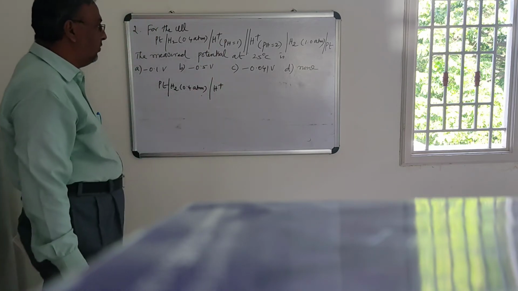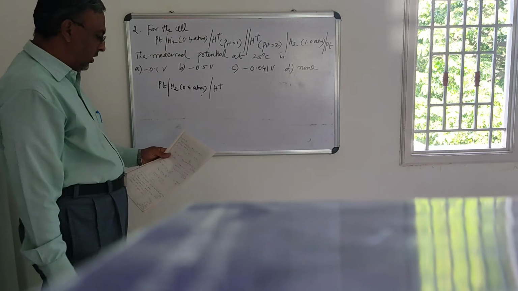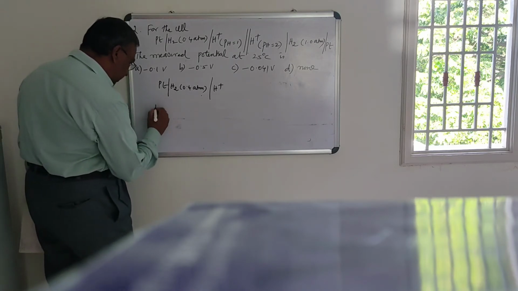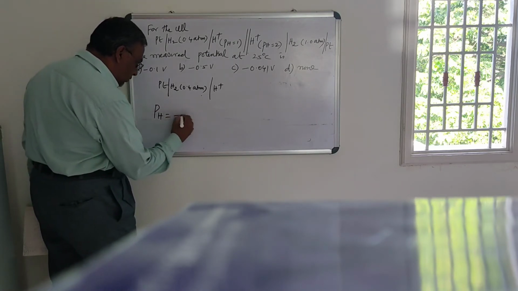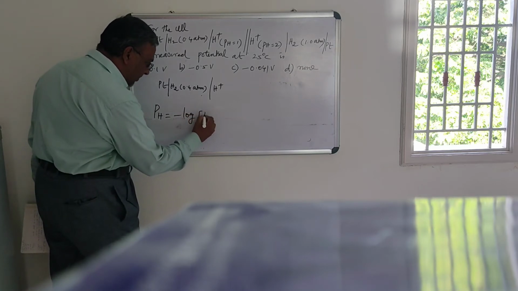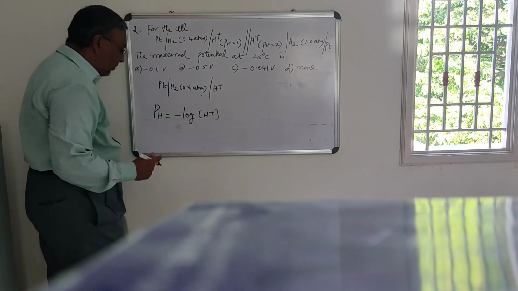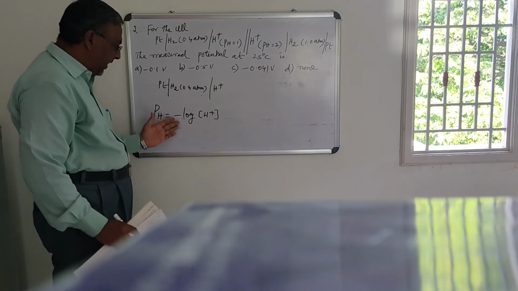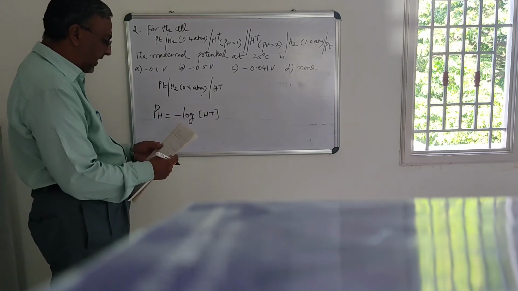When pH is equal to 1, what will be the concentration? Usually we know that pH is equal to minus log of H plus ion concentration. So pH is connected with the negative logarithm of hydrogen ion concentration.